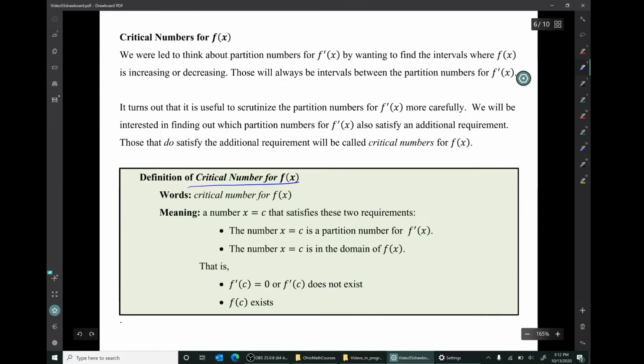A critical number for a function is a number x equals c that is a partition number for f prime and also is in the domain of the function.